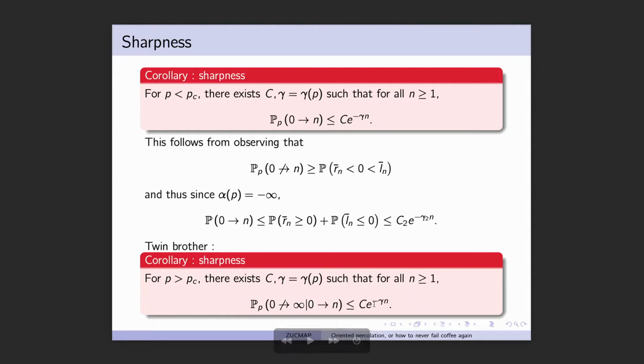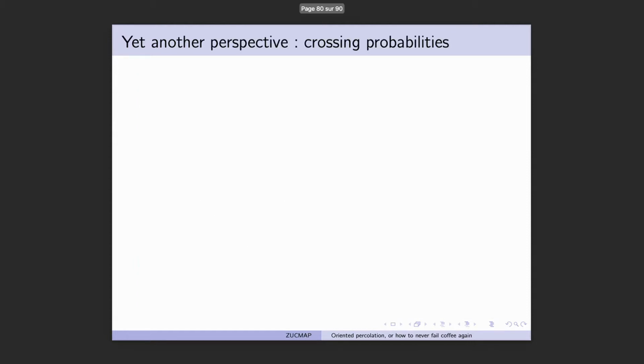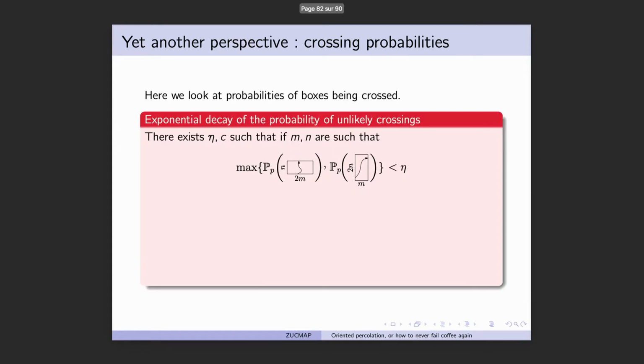Okay. There is one last aspect of this oriented percolation I would like to mention, which is the fact that you can look at probabilities of some rectangles of being crossed.